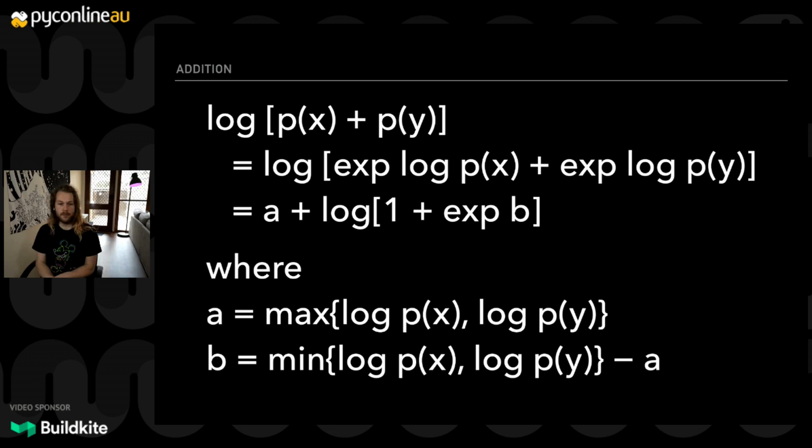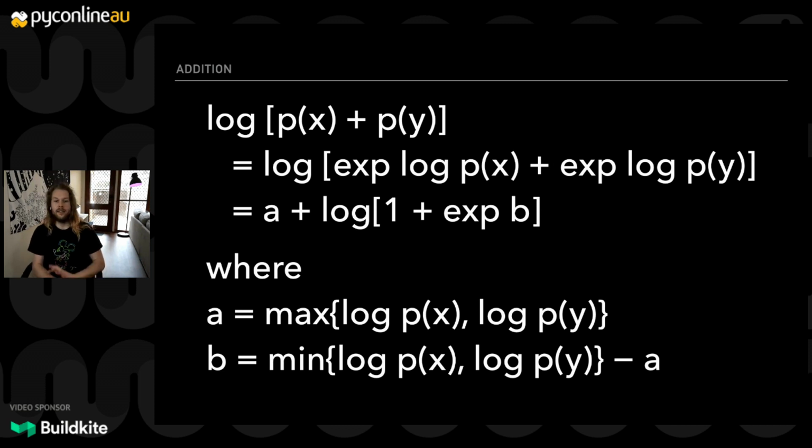We also find the minimum and subtract a from that and call that result b. So the formula that we end up with is the log of p(x) plus p(y) is a plus the log of 1 plus exp of b.